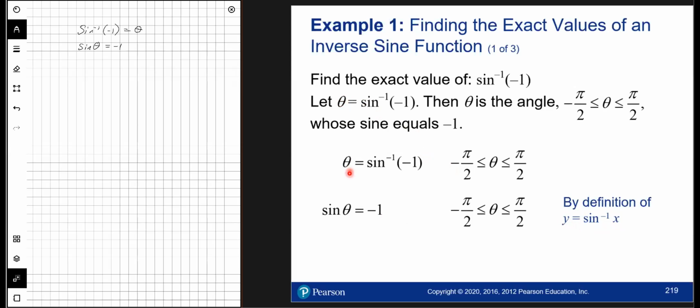And so we typically call it theta. So what angle has a sine of -1? Can anybody tell me?